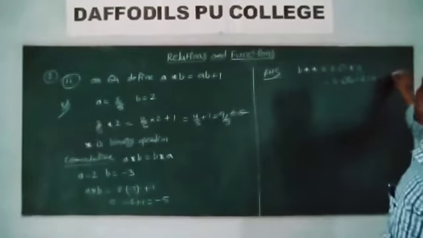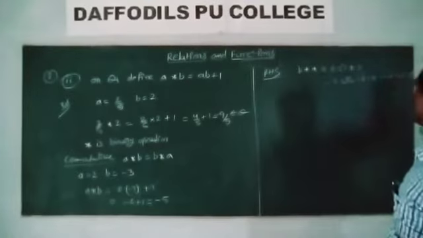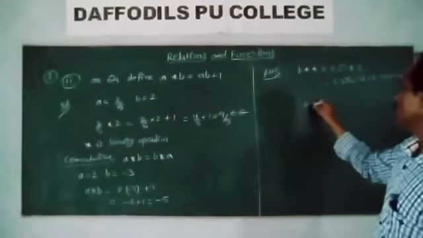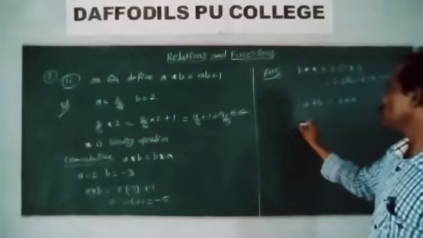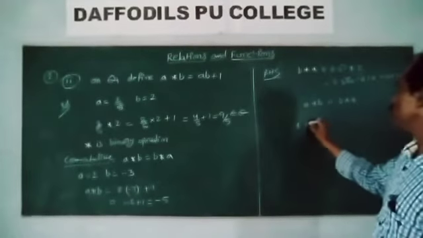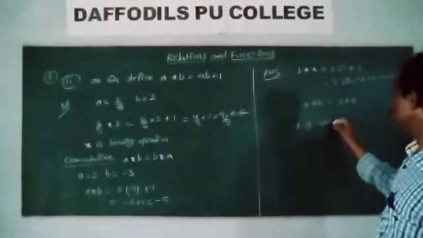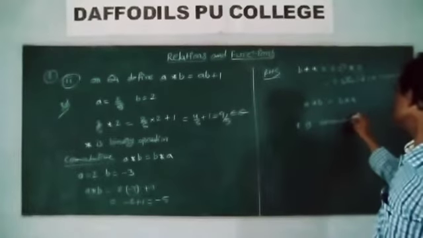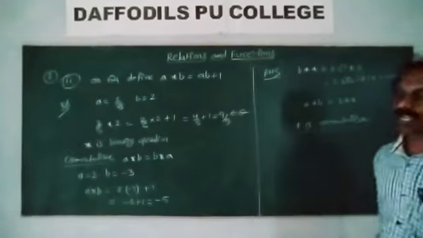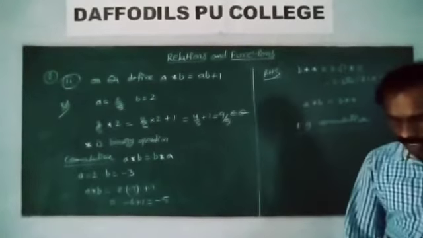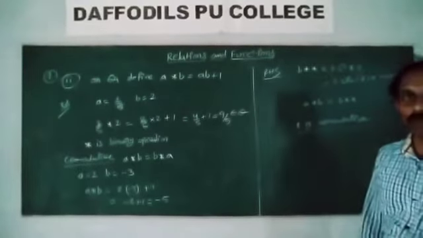So that implies minus 6 plus 1, minus 5. Finally, A star B is equal to B star A. Therefore, star satisfies the commutative property. So clearly, star is commutative.